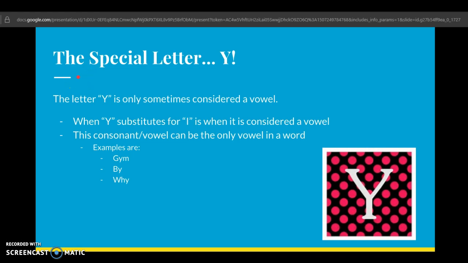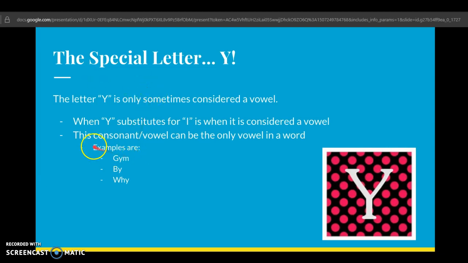Now, there's actually a 6th vowel in the English language that most people don't know about. And why it's not necessarily considered a typical vowel is because Y is only considered a vowel if you substitute it for an I. Because Y and I can make the same sound, but sometimes it just doesn't work out where there's an I there, so you put a Y there.